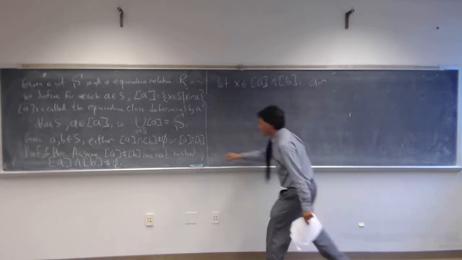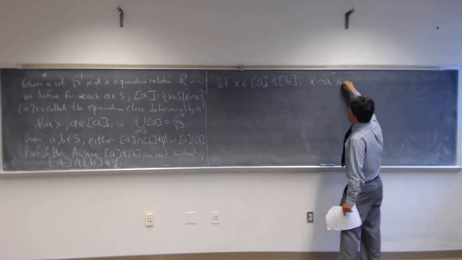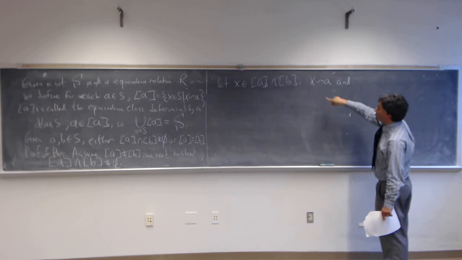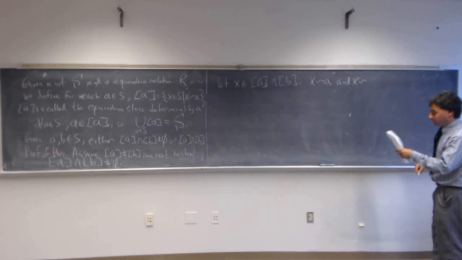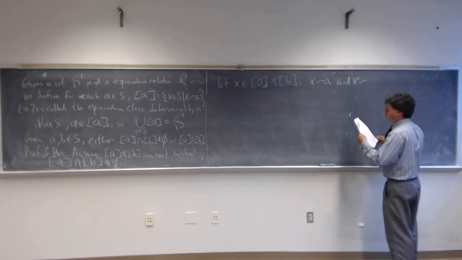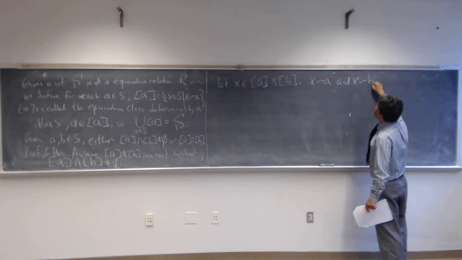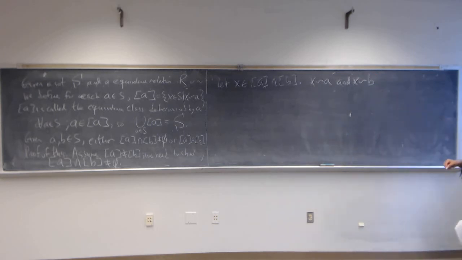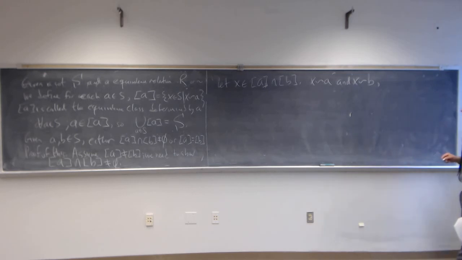So if x relates to a, that means x is equivalent to a, and x is also in the equivalence class determined by b, so x is equivalent to b.